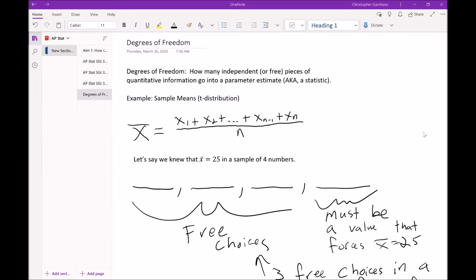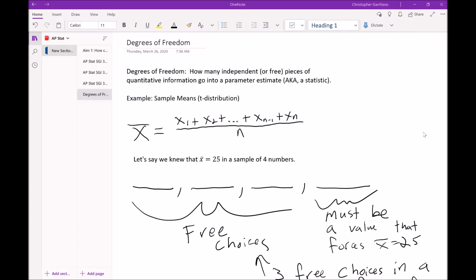So the t-distribution comes along with it some complications, one of them being this idea of degrees of freedom. Basically, all degrees of freedom means is how many independent or free pieces of quantitative information go into a parameter estimate.